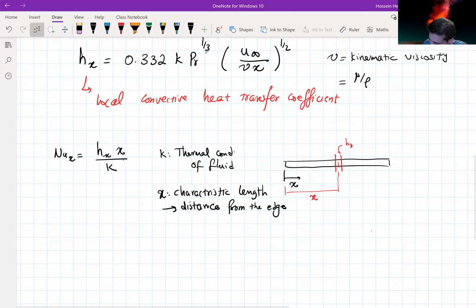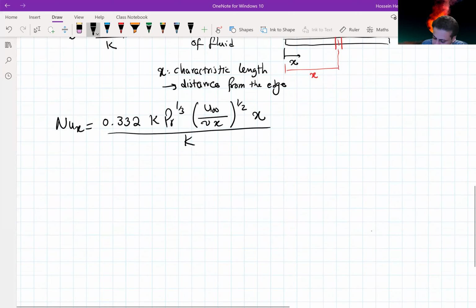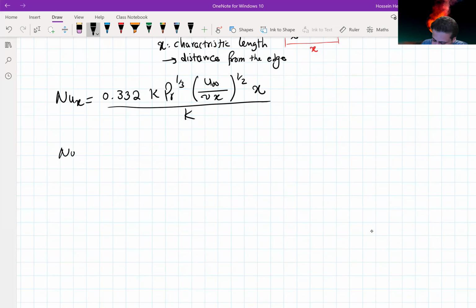Now, if I replace hx here, our Nusselt number would be 0.332 k Prandtl 1/3 times u infinity over nu x to the power of half, times x divided by k. So for the Nusselt number of x, k cancels, and we have x here.